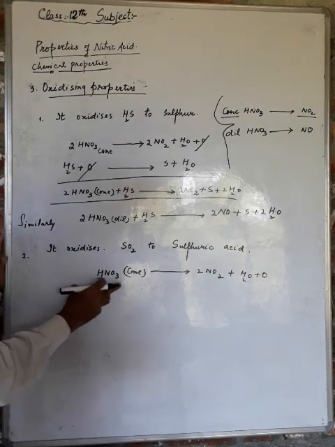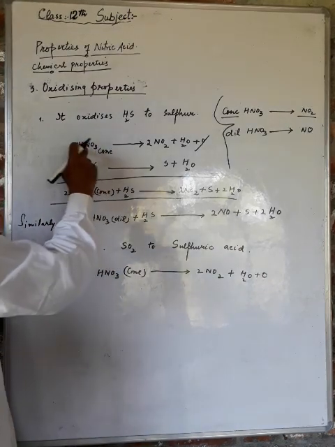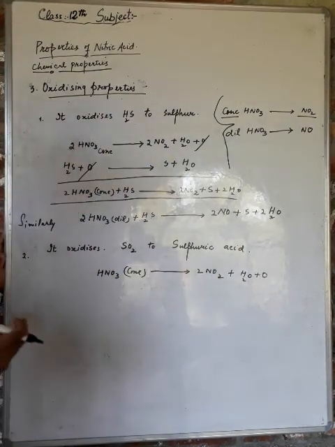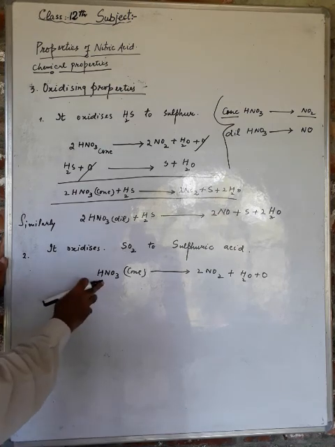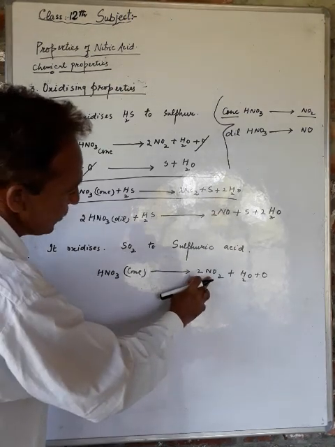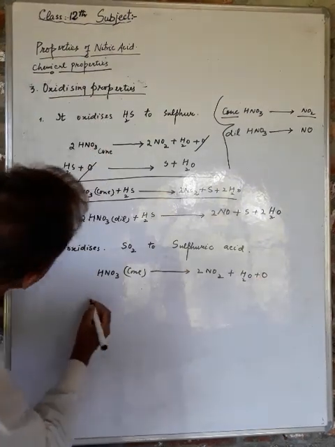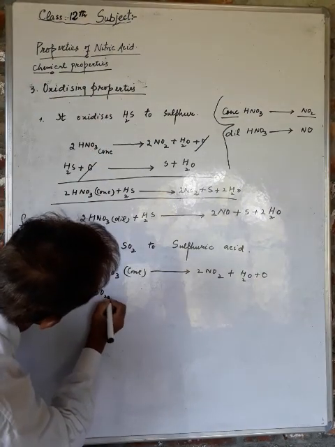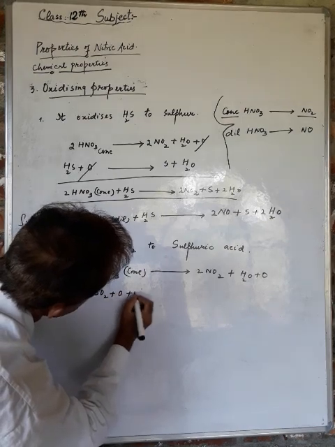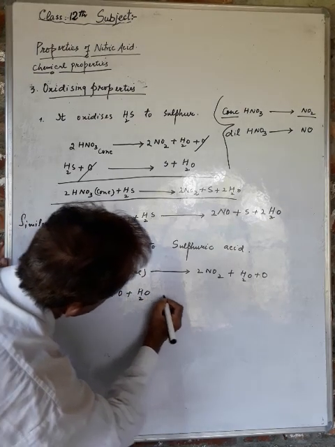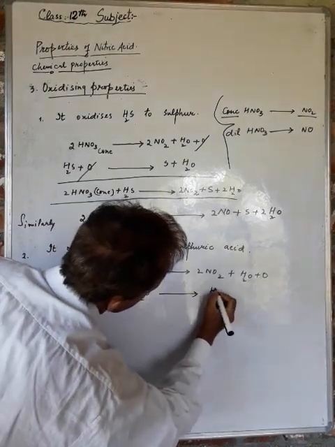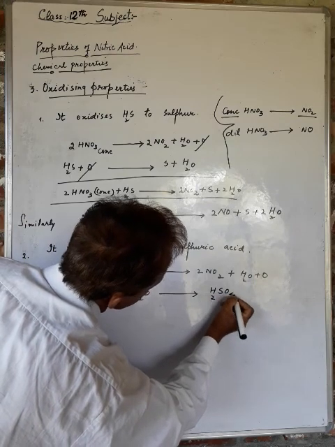If we take concentrated, again the same reaction as in the earlier case with hydrogen sulfide: the nitric acid first gives nitrogen dioxide plus water plus nascent oxygen, and then this SO2 and oxygen in presence of the water forms H2SO4.